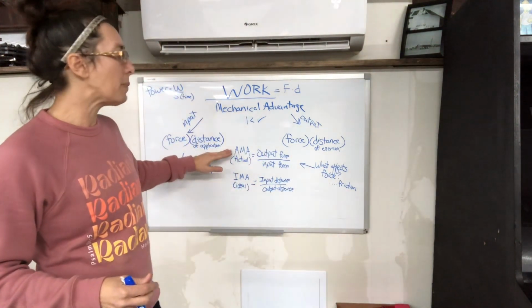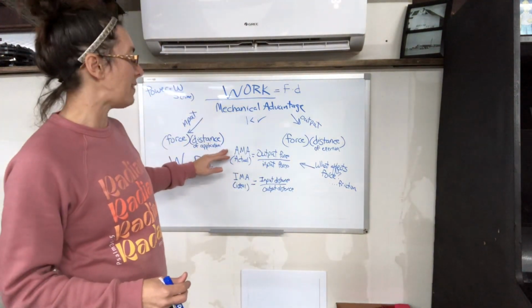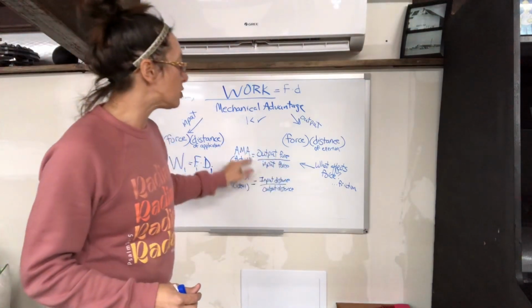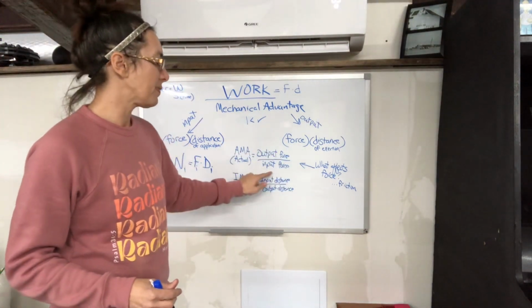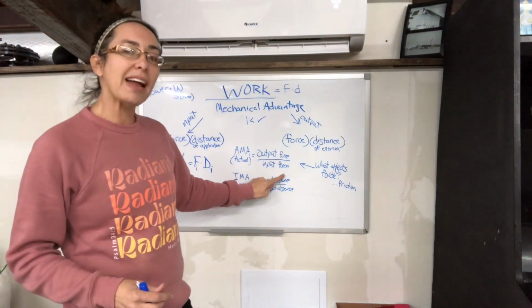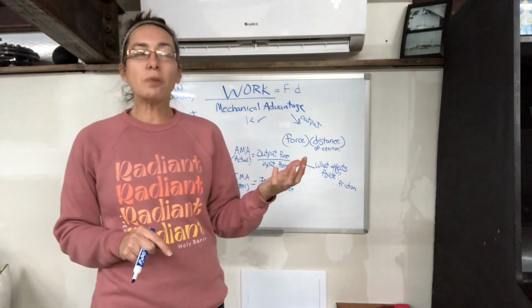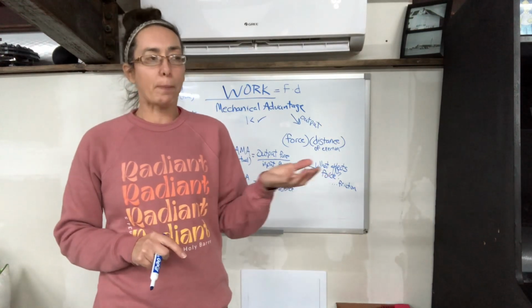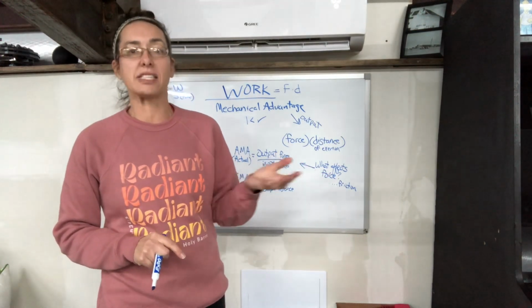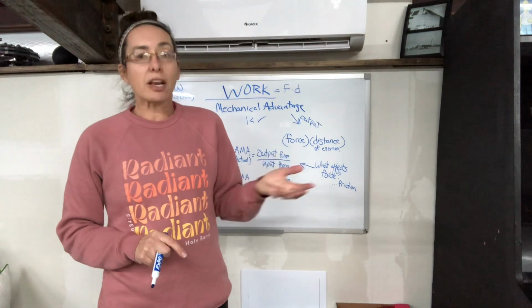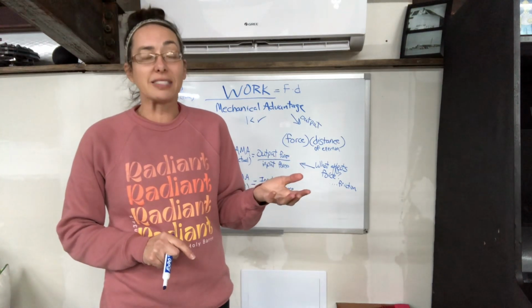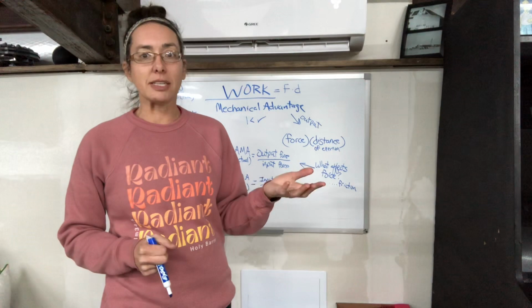So when we talk about our actual mechanical advantage, it is going to address force. And the way that I remember to keep those two things together, actual means there's probably going to be a problem in that system. Just like the actual take-home pay that I have means I've got some taxes in my system.